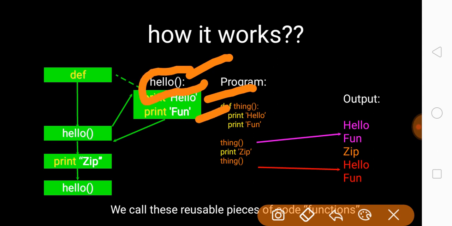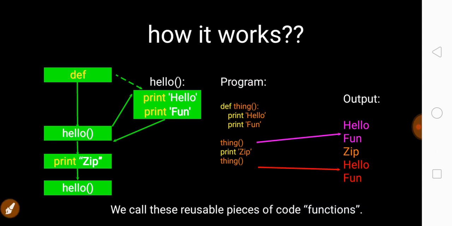Whenever I call this word hello and after that write the parenthesis, the two lines hello and fun will get executed. That means just by calling this hello function, both lines will get executed. Okay, so let's see how it works.